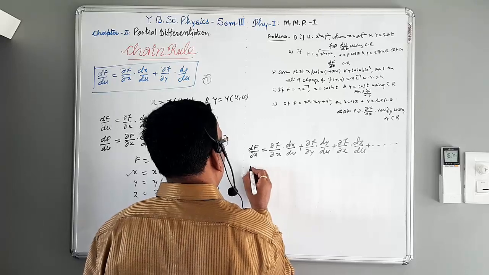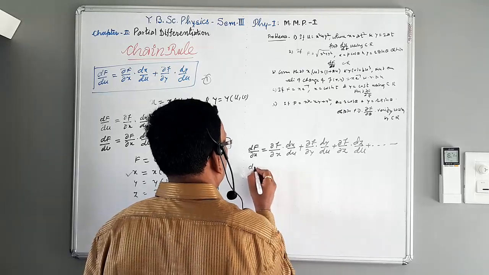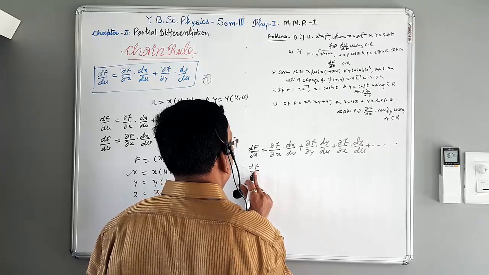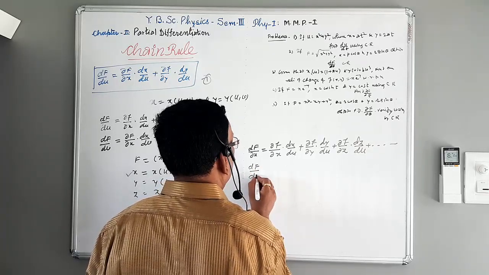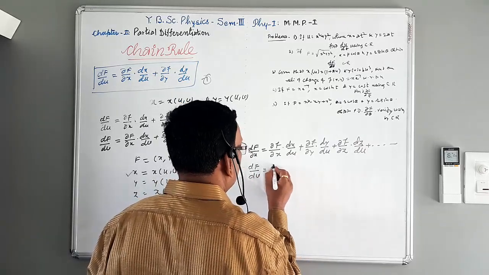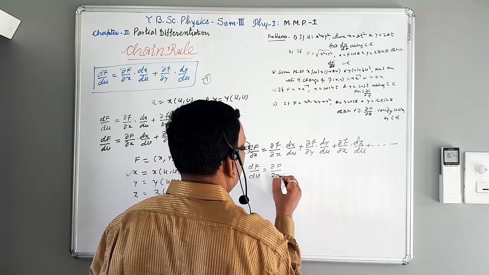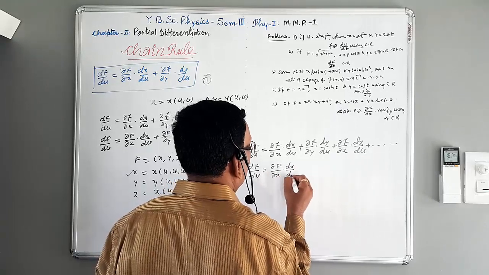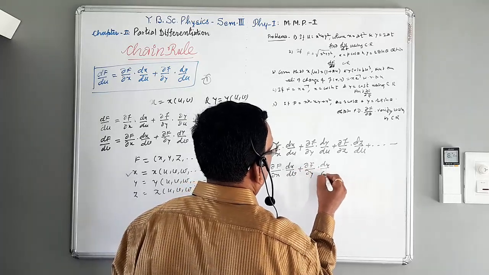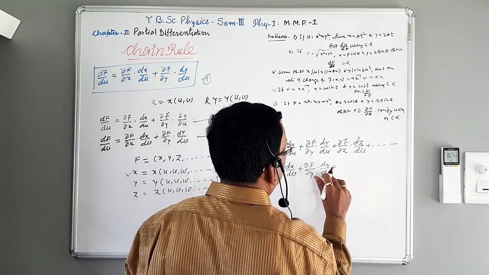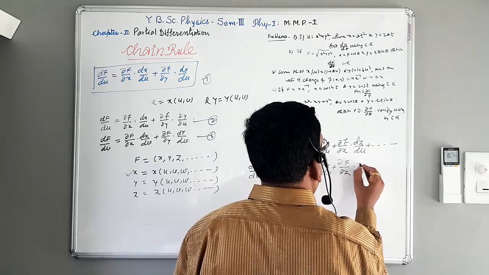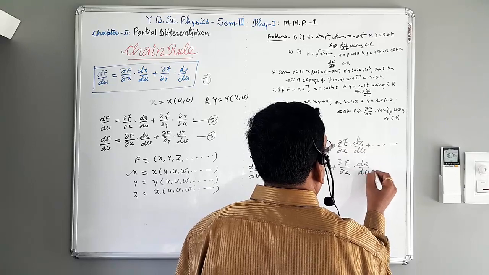Then the chain rule for function f with respect to another variable, that is v, by the similar method: del f by del x into dx by dv plus del f by del y into dy by dv plus del f by del z into dz by dv.